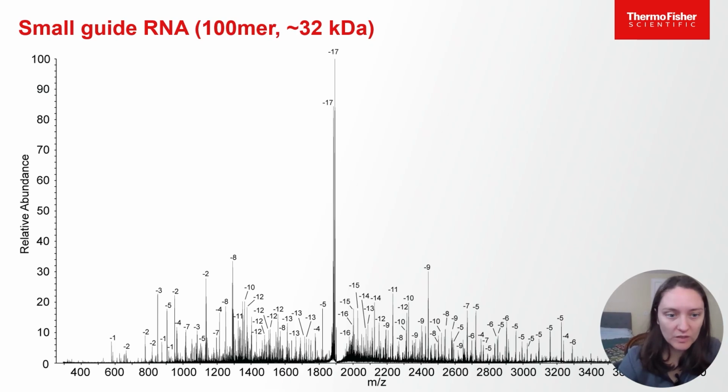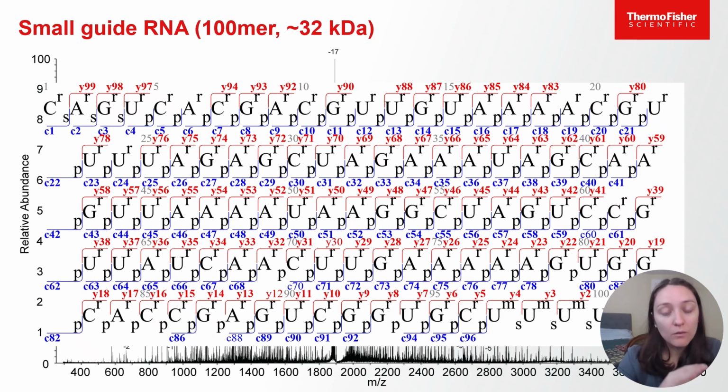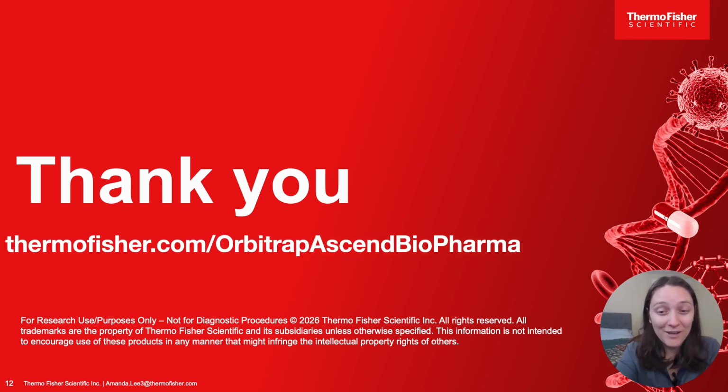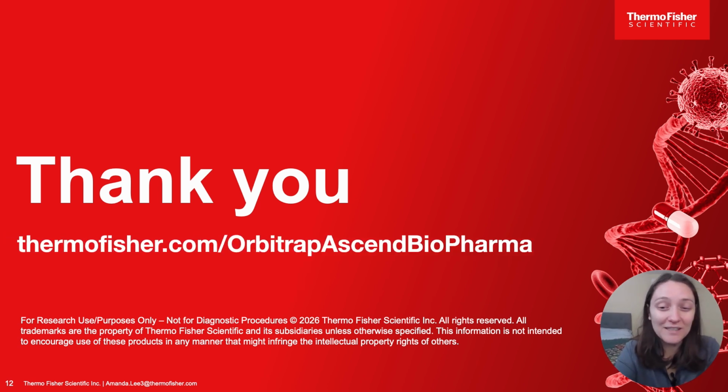When we use low Q CID in our system, optimized to the right Q value, we can see very rich spectra. When we match those to the sequence, we can see a high amount of complementary ions and nearly 100% sequence coverage of the 100 mer. So we have a great success in utilizing the low Q CID method for our RNAs of larger size. Okay, good. We can get a good confirmation of their sequences.